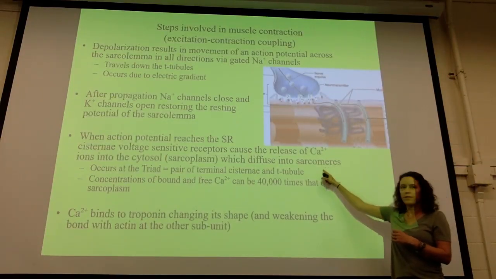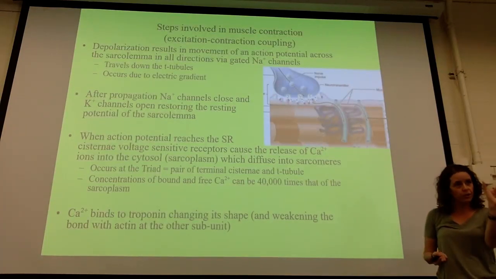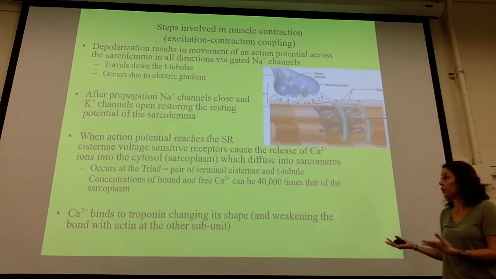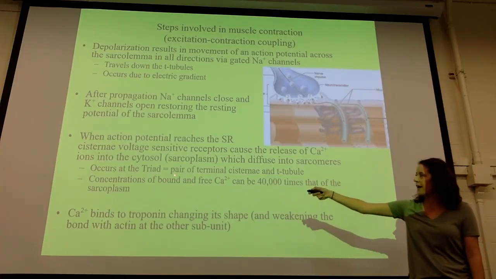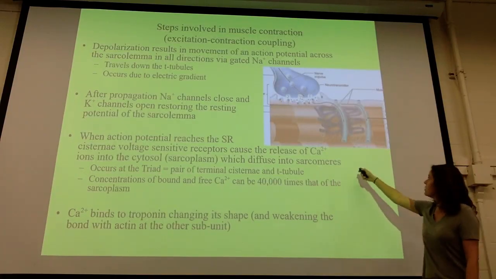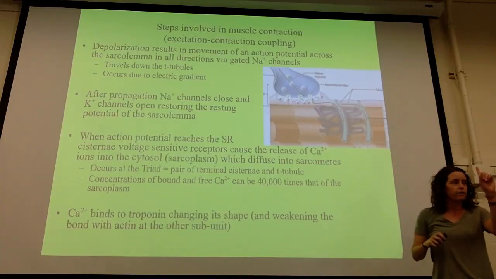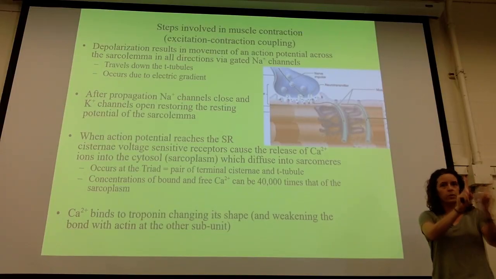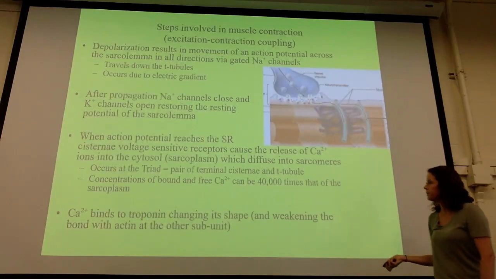When calcium diffuses into the sarcomeres, this means that the calcium is able to enter those functional units to get to where it needs to go. This occurs at something that's called the triad. A triad is a cisternae on either side of a T-tubule. So you have cisternae, T-tubule, cisternae, 3 pieces is the triad.